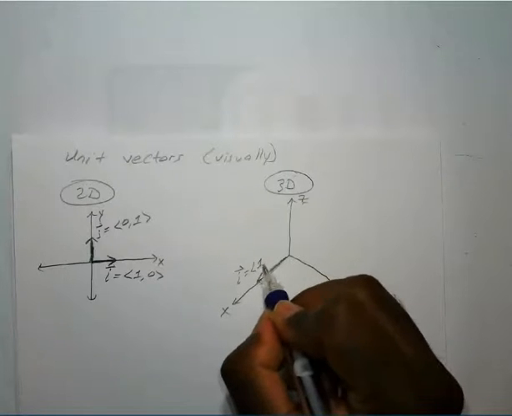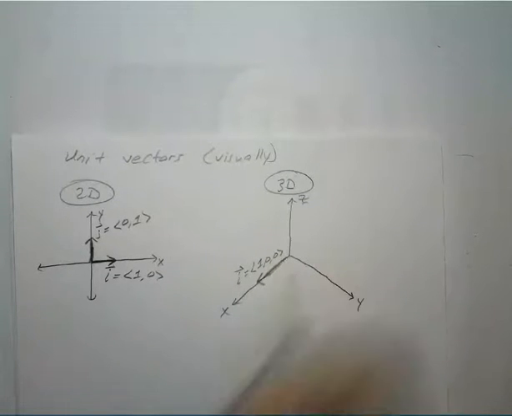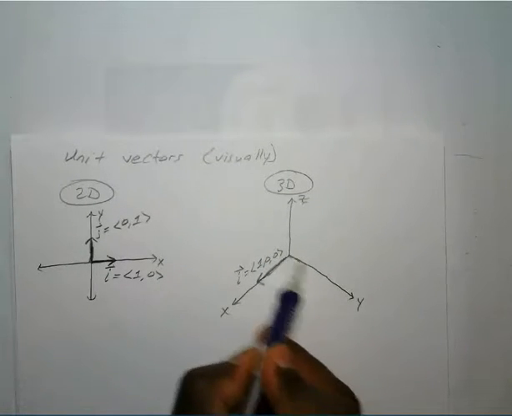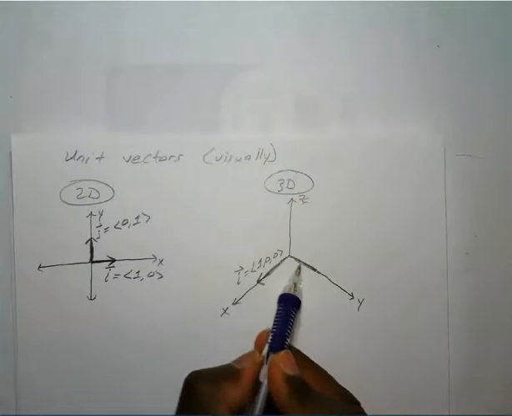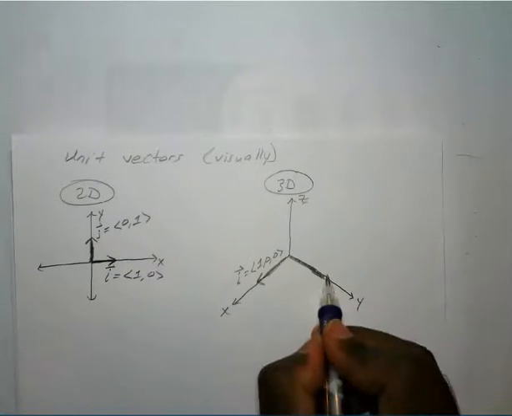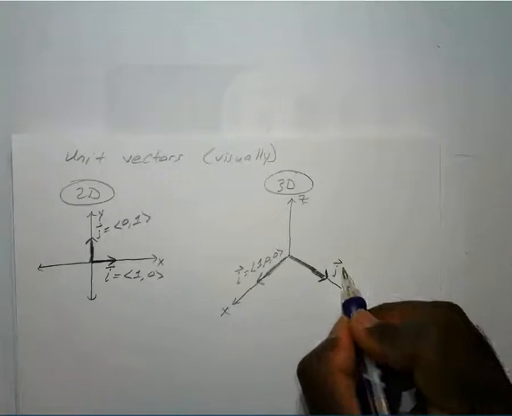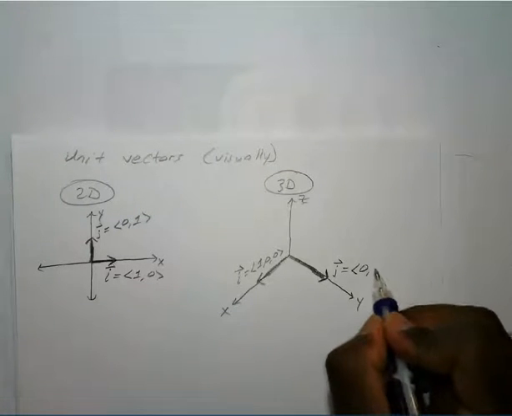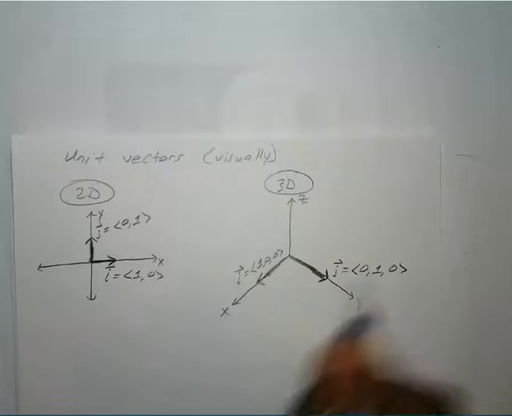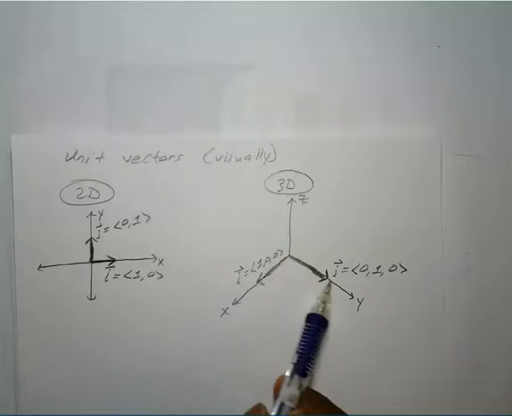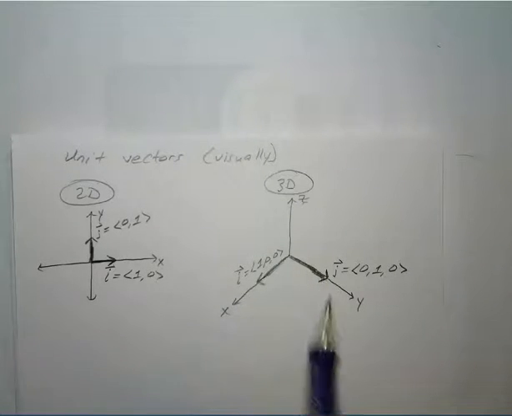That's 1, 0, 0. Now for our y axis, we have our j unit vector. So our j unit vector is 0, 1, 0, where x is 0, y is 1, z is 0.